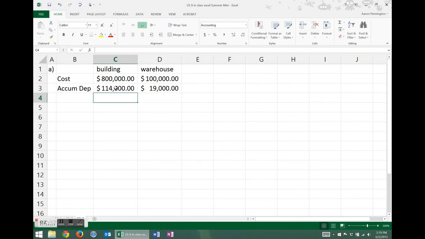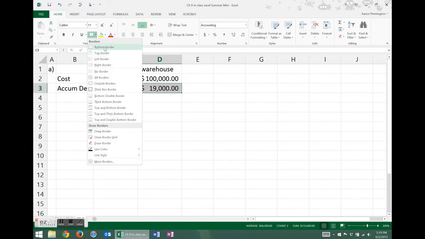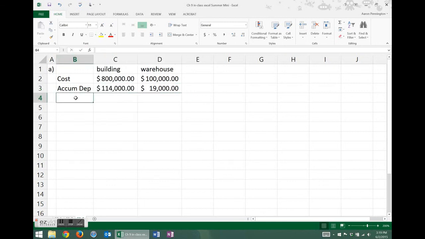So that gives us book value as of, or up through, January 1st, 2016 of $686,000 for the building and $81,000 for the warehouse.